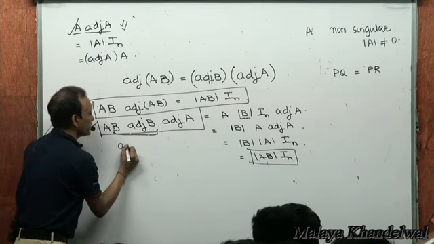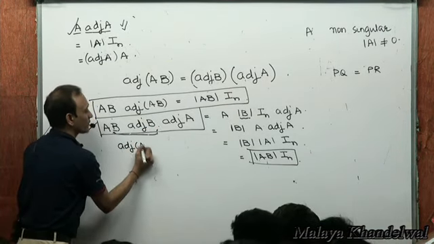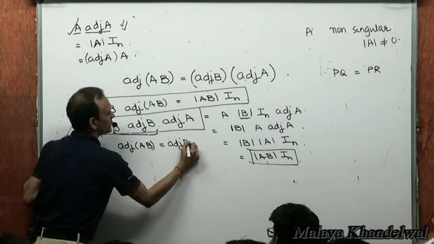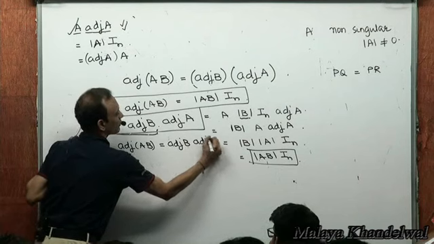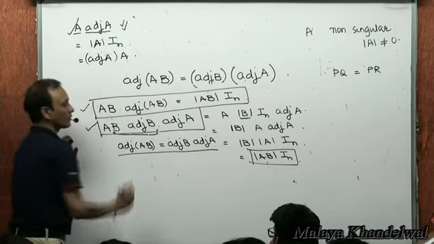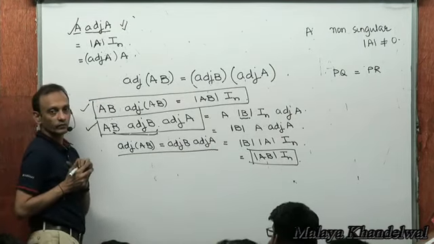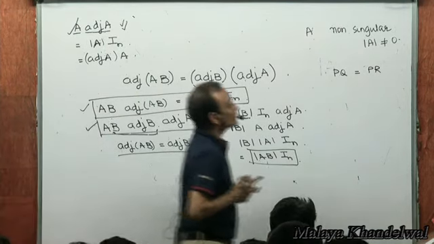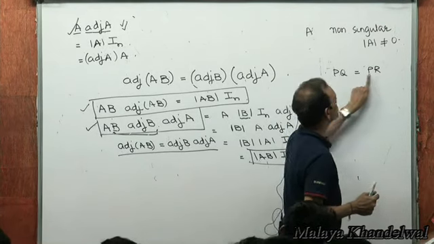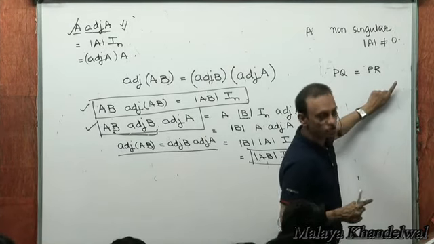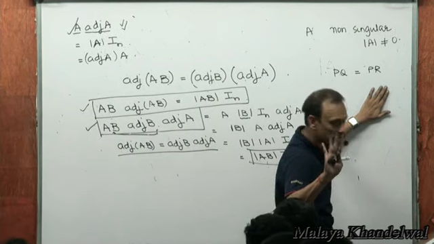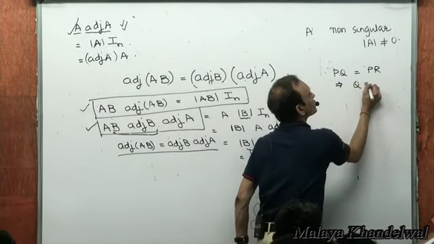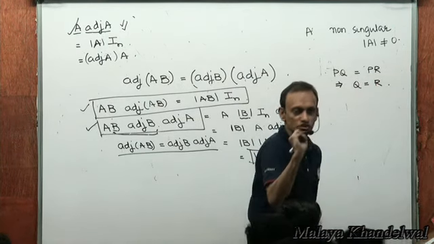That means adjoint AB is adjoint B into adjoint A. I'm saying if P into Q is P into R and P is non-singular, then I can say that Q must be equal to R. I've not established this. I've not proved this result.